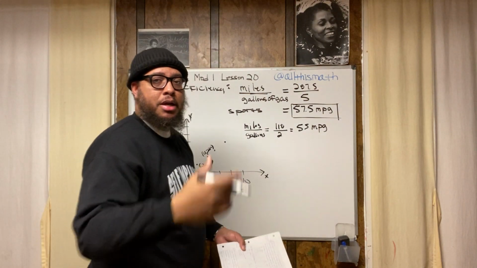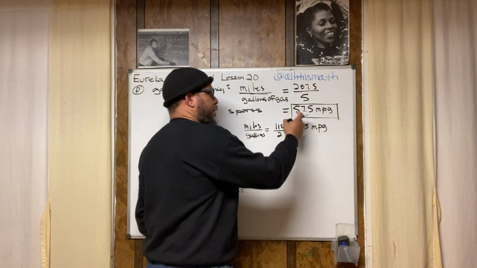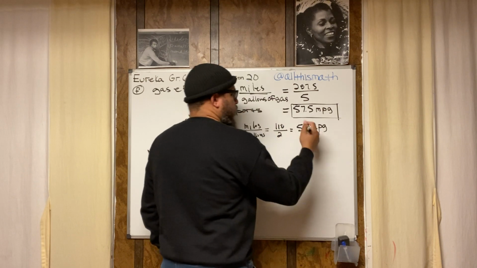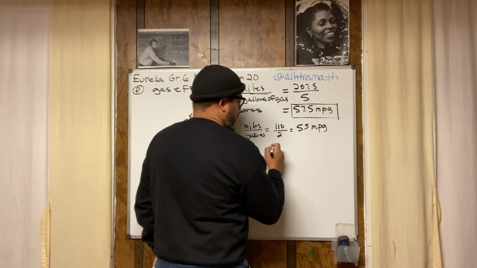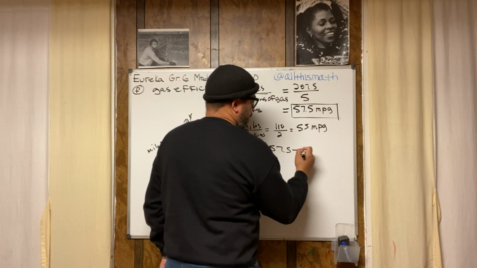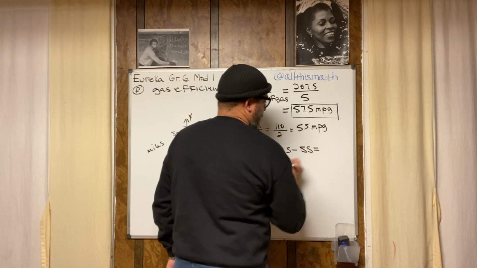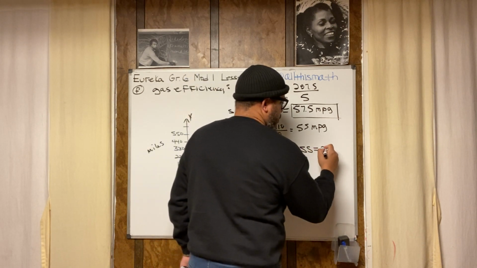The next question is, by how much? By how much? That means we're doing a comparison. So we're just going to subtract 57.5 minus 55, which is 2.5.